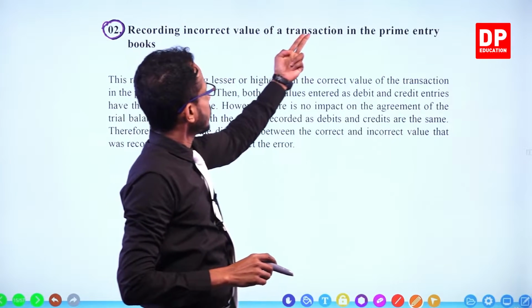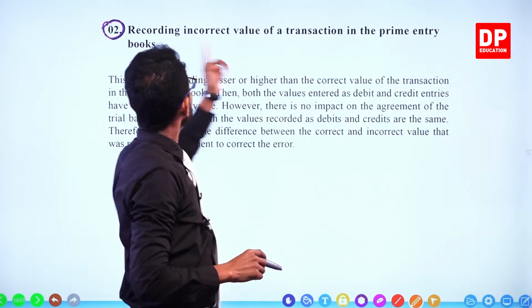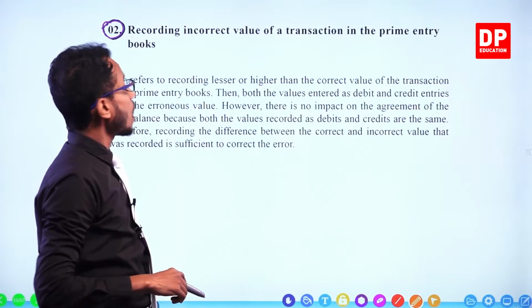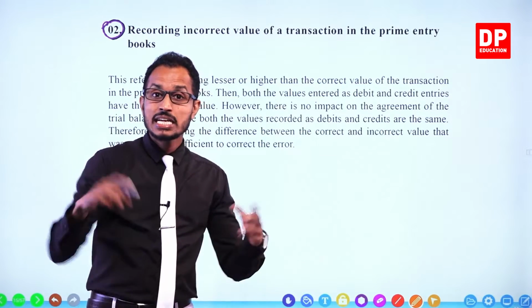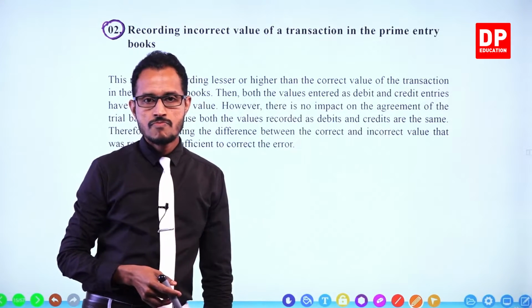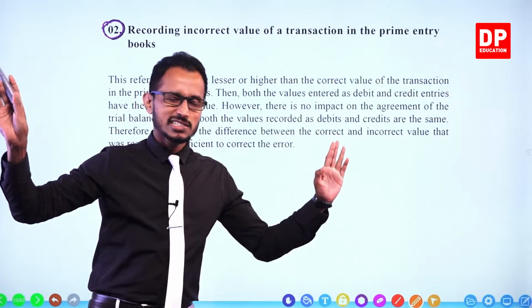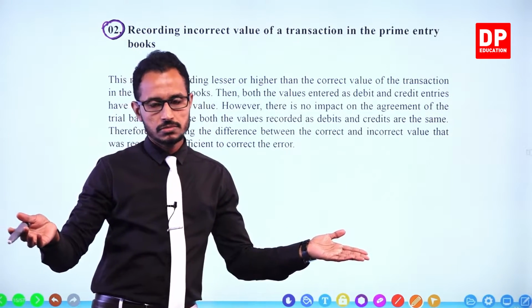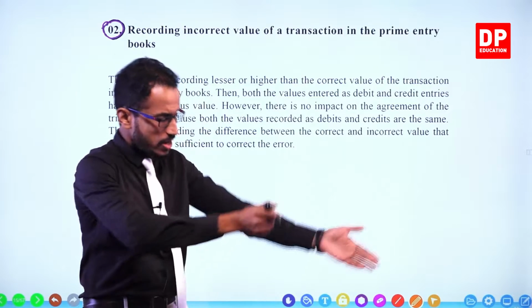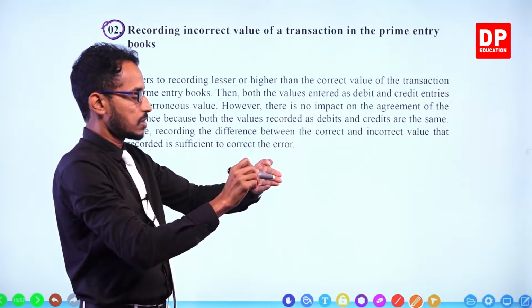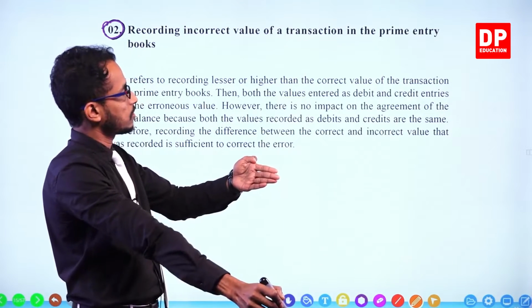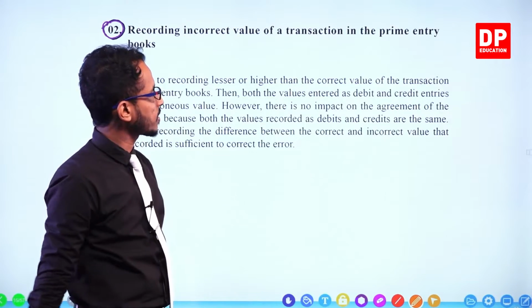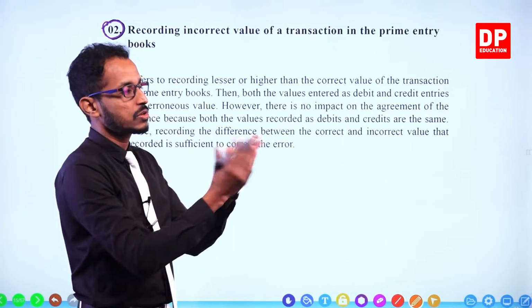Recording incorrect value of a transaction in the prime entry books. Now recording an incorrect value. Not completely forgetting a transaction, not completely omitting a transaction, but recording in the books an incorrect value, a wrong value.